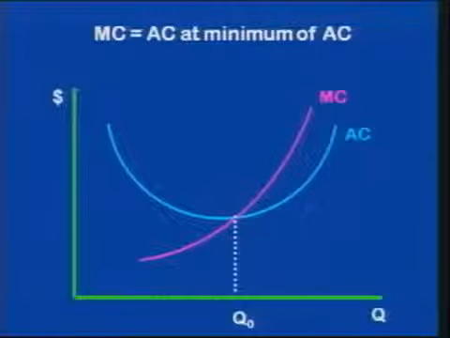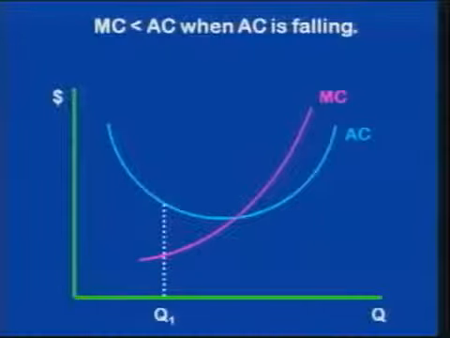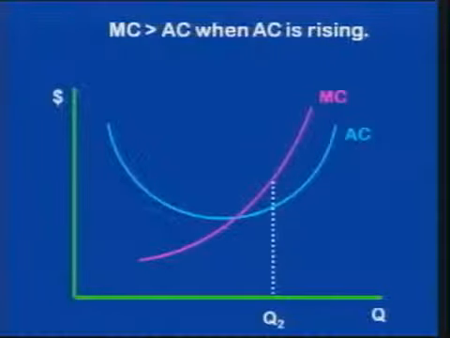Okay? Any questions? Okay, let's move on. So, as I was saying, when the marginal cost is lower, the average cost will be decreasing, and when the marginal cost is higher, the average cost will be increasing.